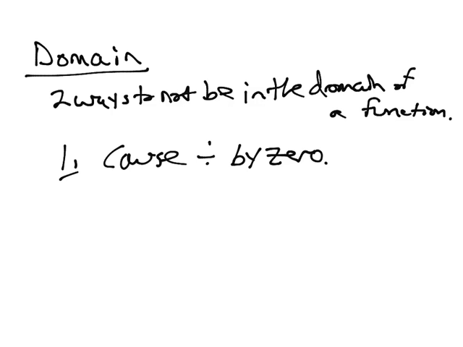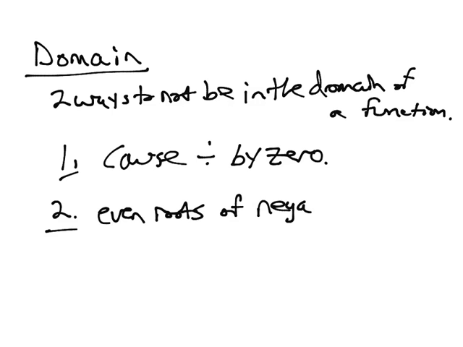Number 2, even roots of negative numbers. Both of these will get you results that are not real numbers.